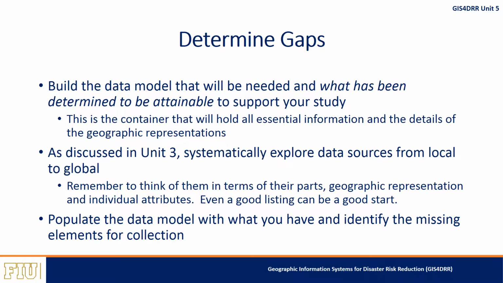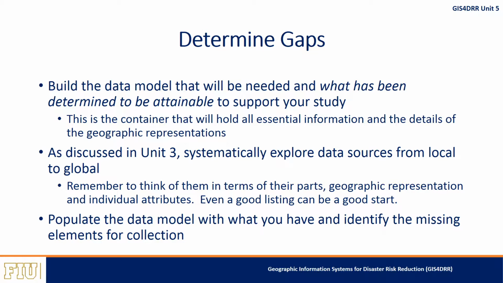So in Unit 3, as we discussed there, you want to look for all the data sources available to you, and then start lining them up so that, to the extent they correlate with the data you're trying to collect, you've got them mapped. Now, it could be that you combine multiple data sets into one.